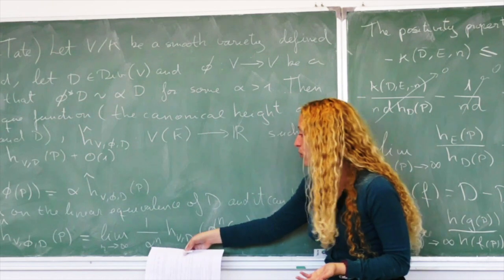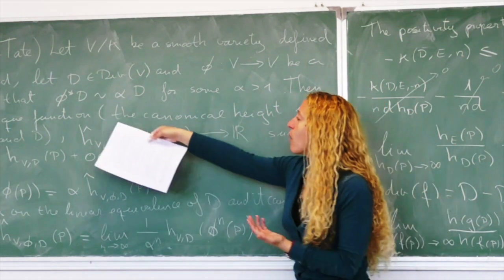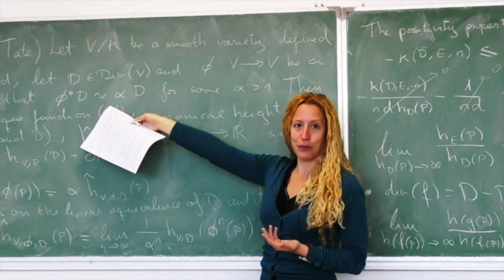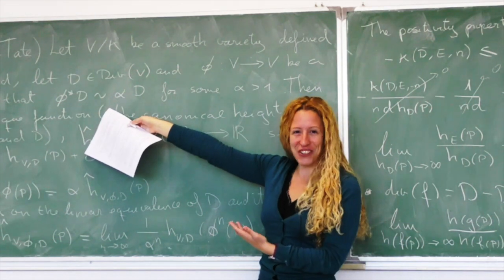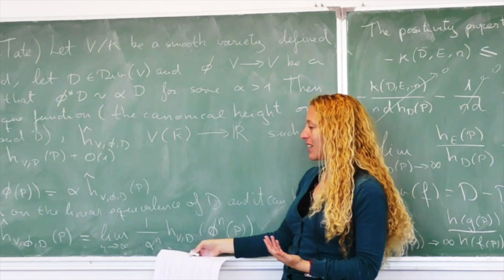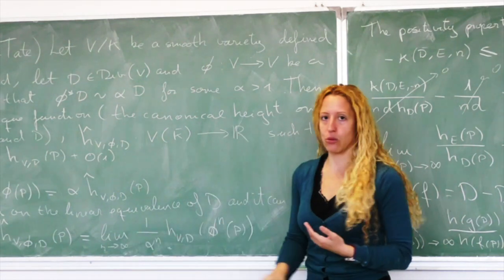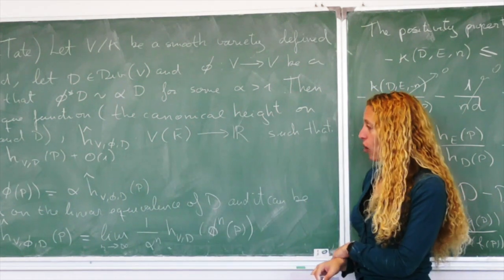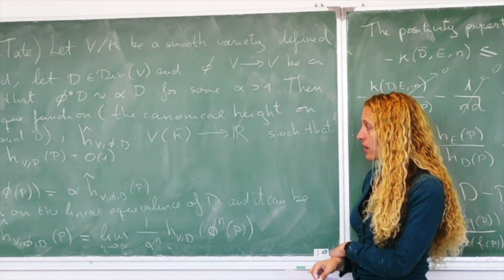And what do I have to put here? This is why the condition that looked a little bit artificial now looks natural. This constant alpha is the thing that I have to divide by to get something that works well. Now we are going to see how to prove this.